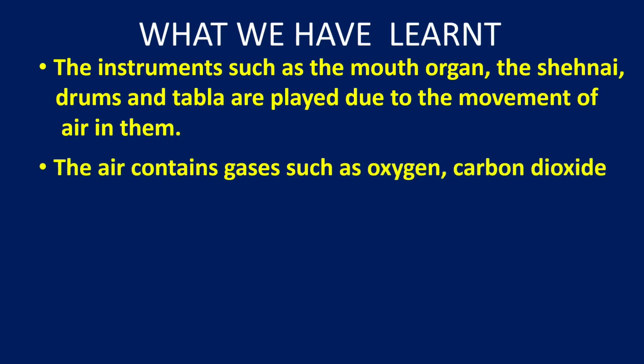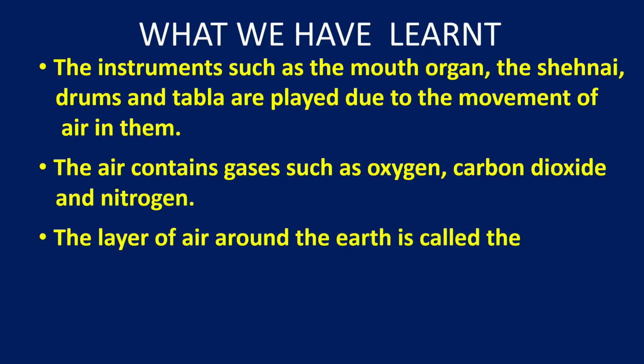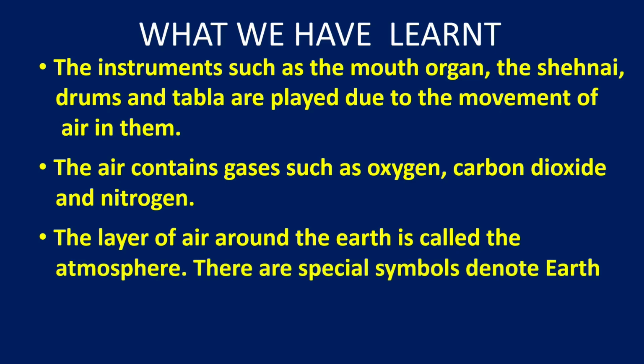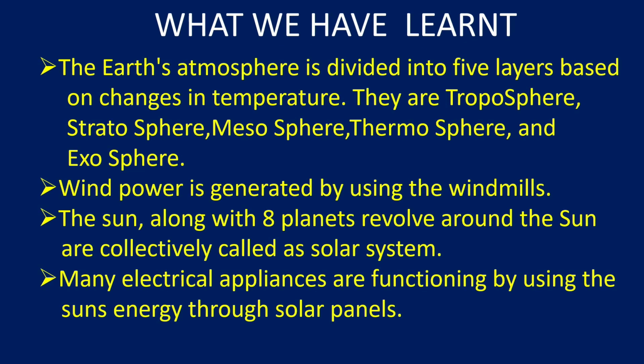The air contains gases such as oxygen, carbon dioxide and nitrogen. The layer of air around the earth is called the atmosphere. There are special symbols to denote earth atmosphere and its components. The earth atmosphere is divided into 5 layers based on changes in temperature.